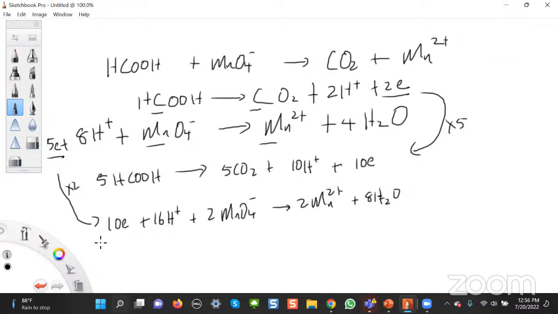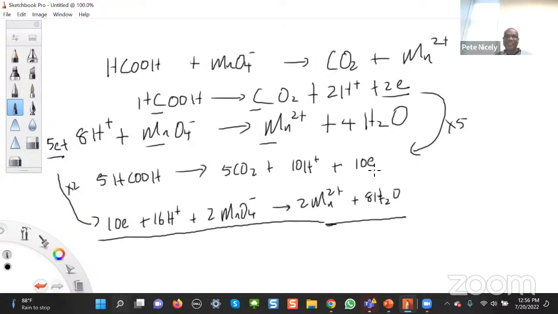Add them together and cancel the electrons. Okay, so we're going to add these two together. The electrons will cancel out. And then what next? What else do we cancel out, if anything else? The hydrogen. Okay, so the hydrogen ions, 10 of these will cancel out 10 of these, leaving behind 6, right?